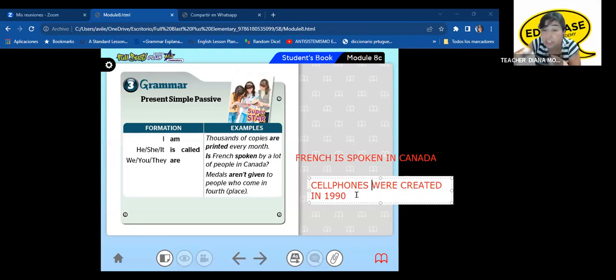Am I mentioning who invented the cell phone? Or who invented the phones? No, right? Because maybe I don't care if it was Einstein, if it was, I don't know. The point is that they were created. That's the important thing for me.